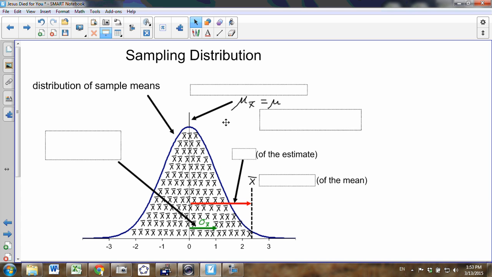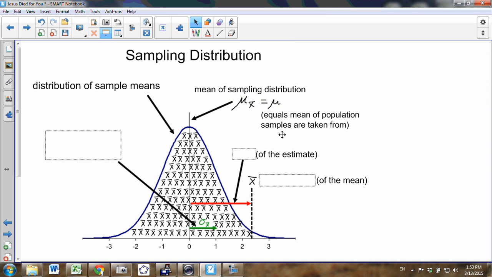But something else that the central limit theorem says is that the mean of the sampling distribution, the mean of the sample means, will be equal to the mean of the population that the samples were taken from.